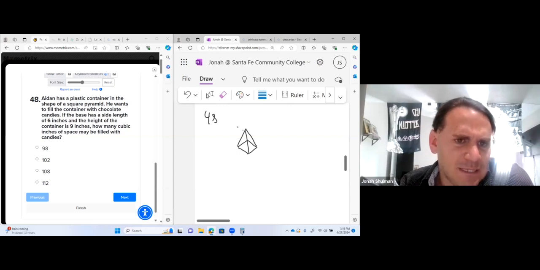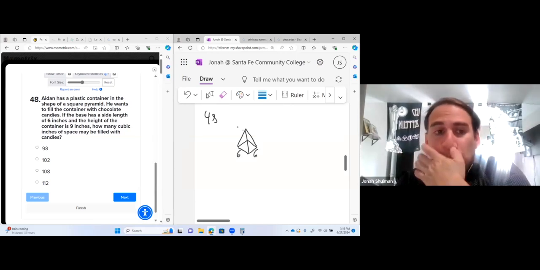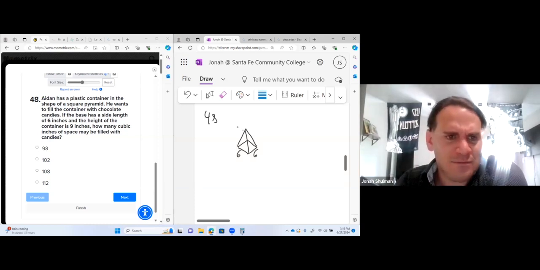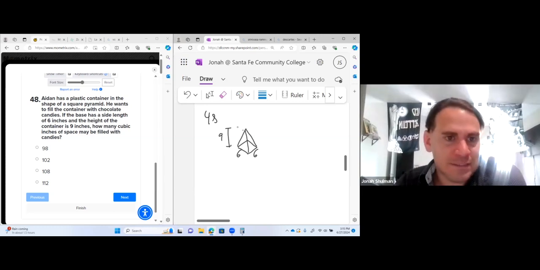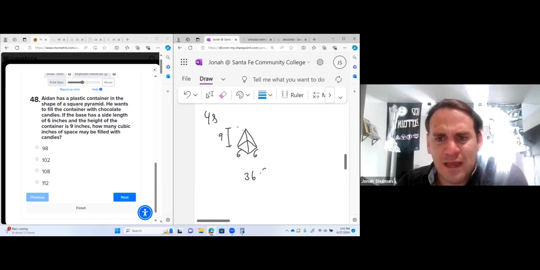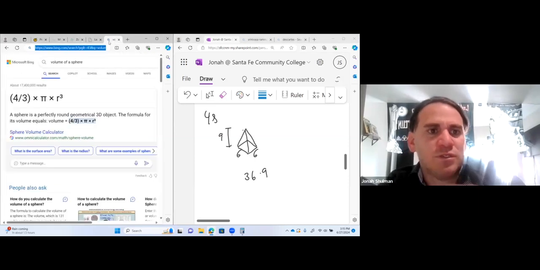If the base has a side length of 6, but this is square, so they're both 6, and the height of this thing is 9, how many cubic inches of candies can go in? Well, the base is 36. The height is 9, and I think it's times 1/3, because 3 of these fit in.